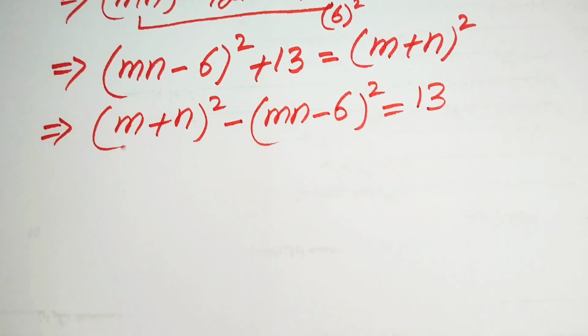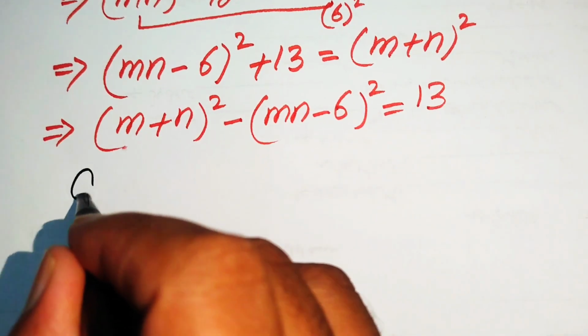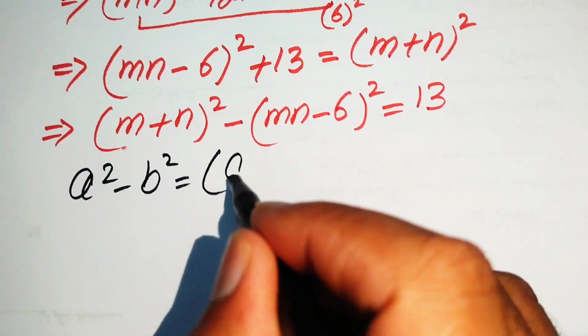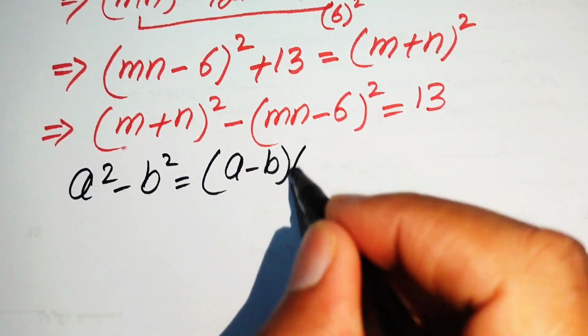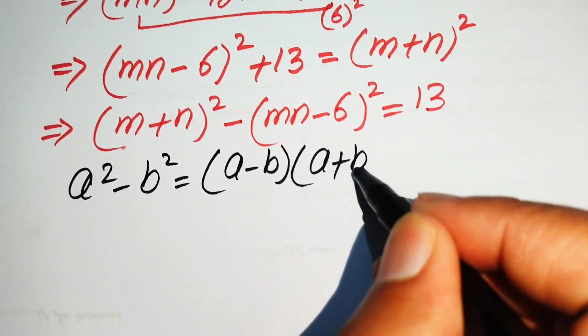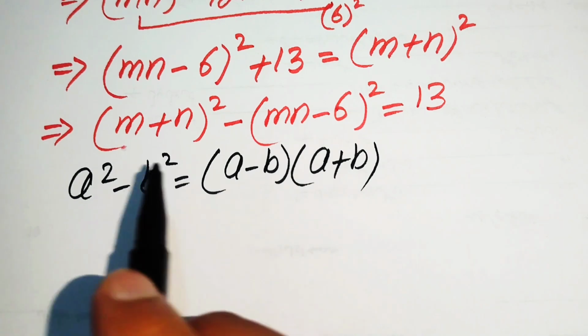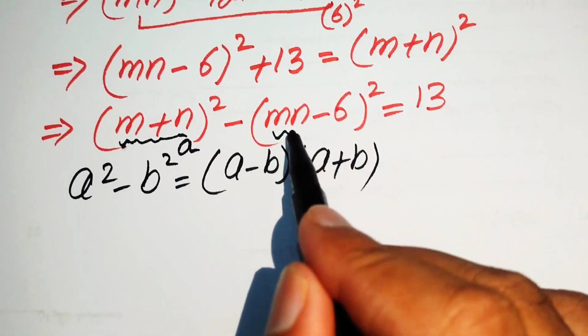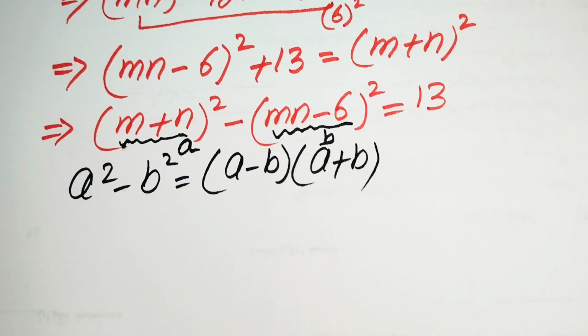So finally we have this equation, and now here we use another nice square identity, and you know that a square minus b square is equals to (a minus b) times (a plus b). So if you focus on this term, m plus n is our a term and mn minus 6 is our b term.